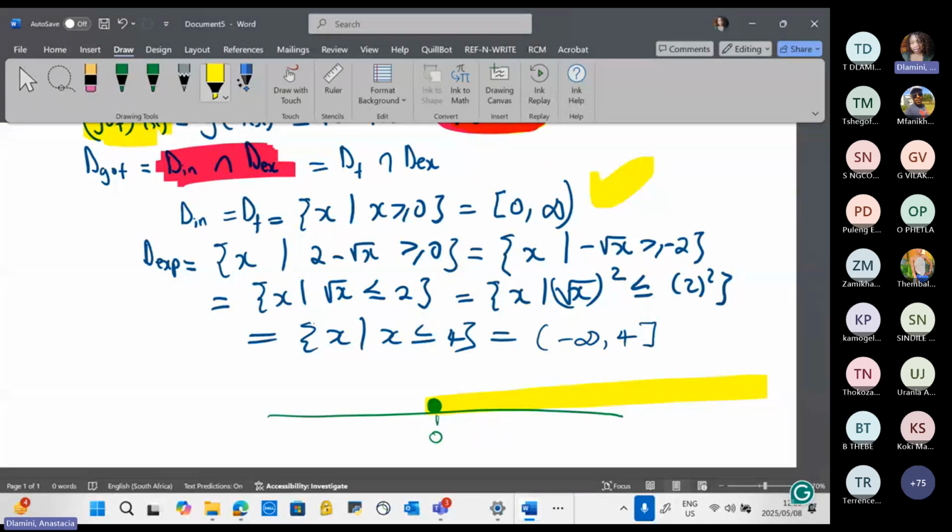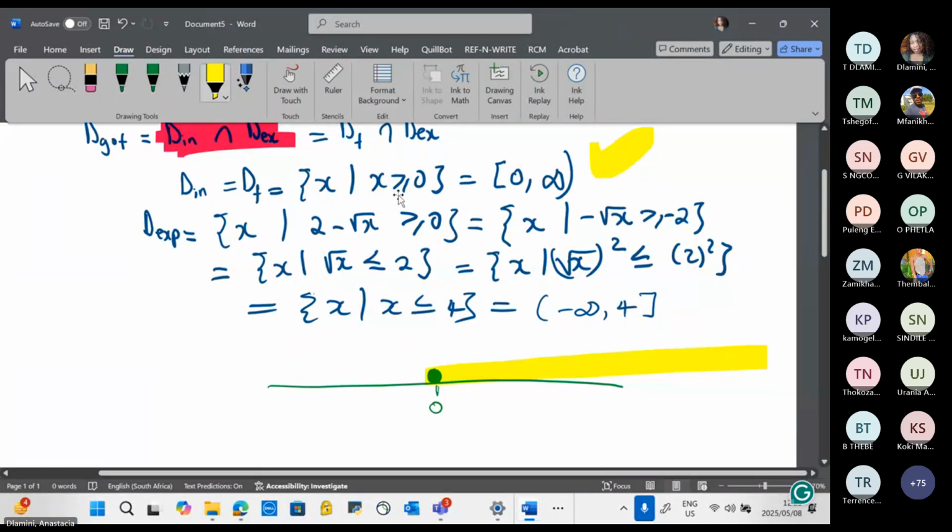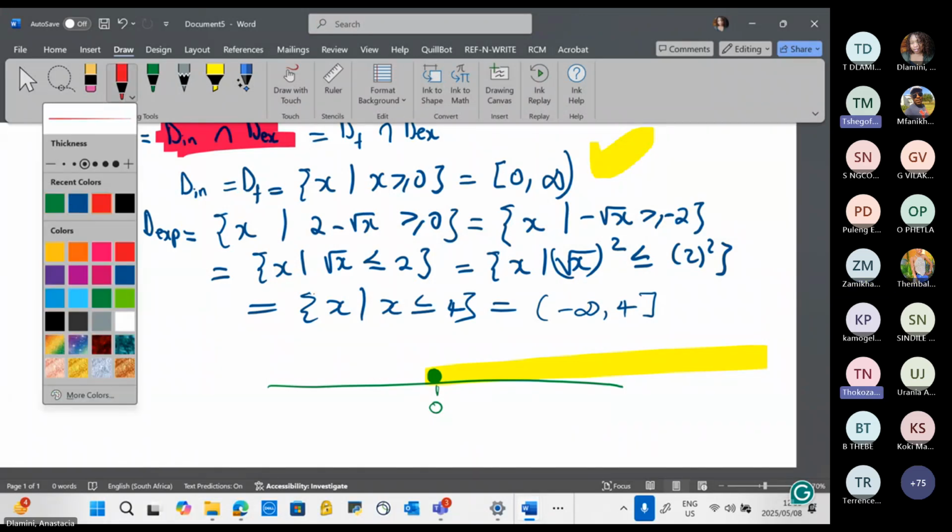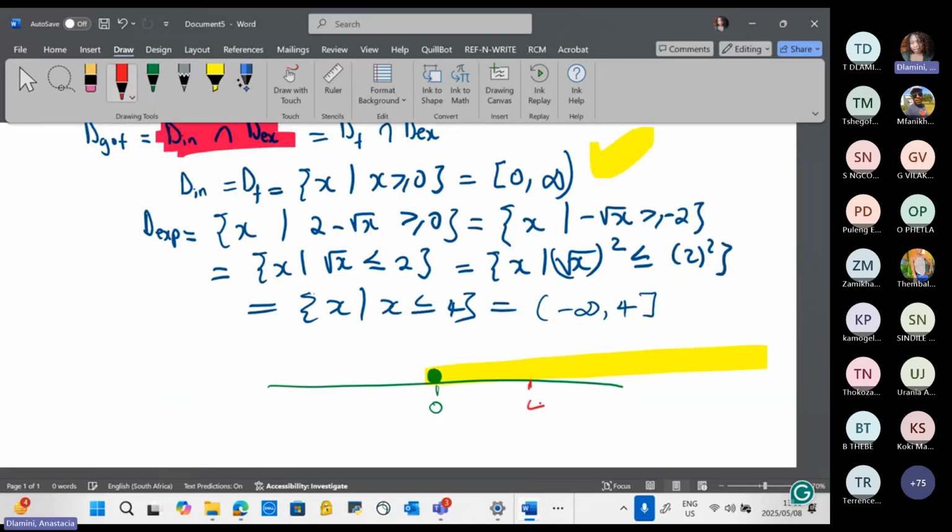The second one, what does it mean? To start from negative infinity. Where do I put 4? After 0. 4 included. Yes, ma'am. Solid.